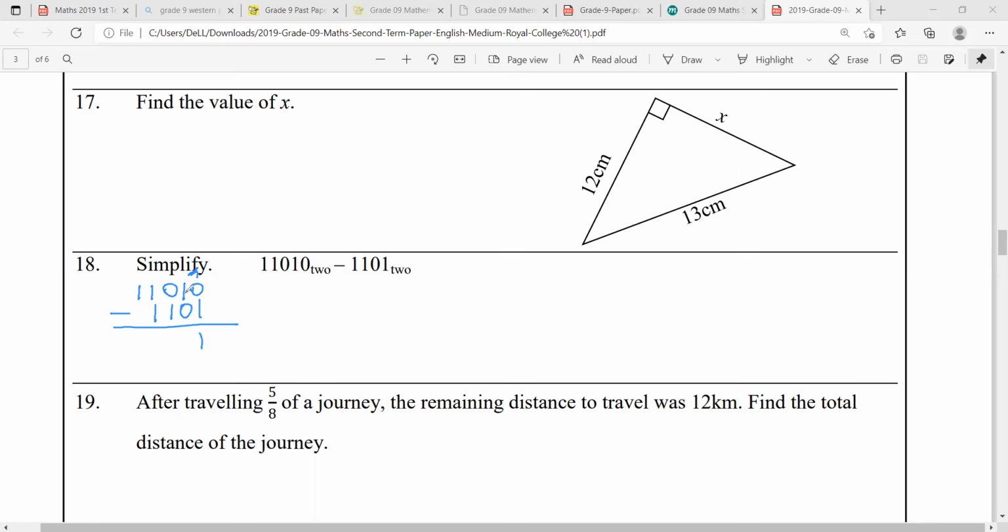Then you have 0 here, you have to subtract 0 from 0. It's okay. And here there's 0, so you can't subtract 1 from 0, so you have to take 1 from here, then it becomes 2. Then you subtract 1 from 2, and this is 1. And here there is 0, and you can't subtract 1 from 0, then you have to take this one here, and then it becomes 2. 2 minus 1 is 1. So this is the answer. So you have right here 2. Right.